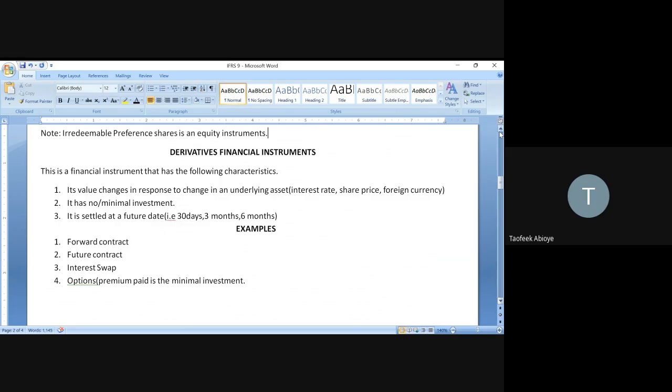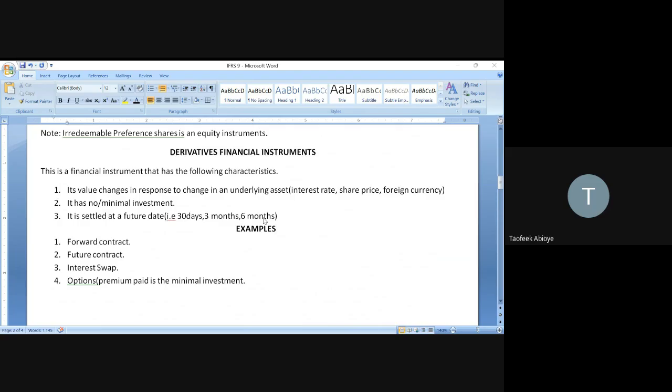If you remember SFM, you will remember all these forward contracts, futures contracts, interest rate swaps, options. In the IFRS 9 context, they call them derivative financial instruments. These are financial instruments that have the following characteristics. Number one, the value changes in respect to the value of an underlying asset. Number two, it has no or minimal investment, and it is settled at a future date.